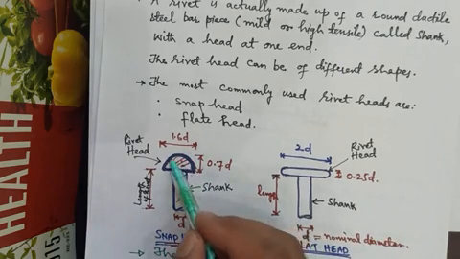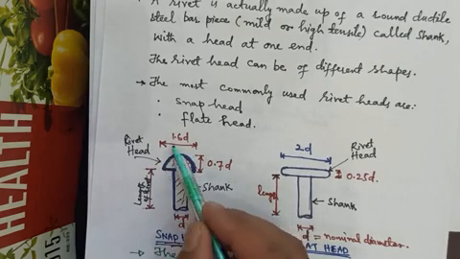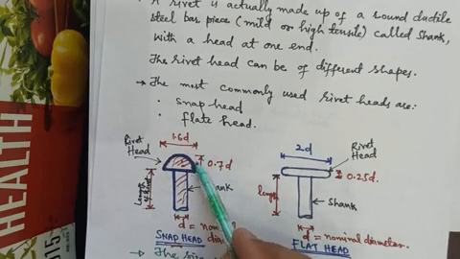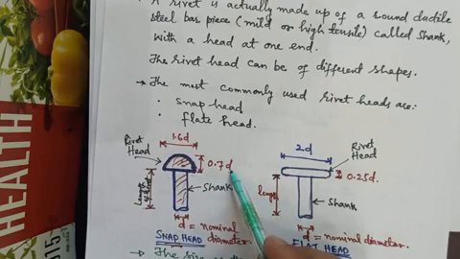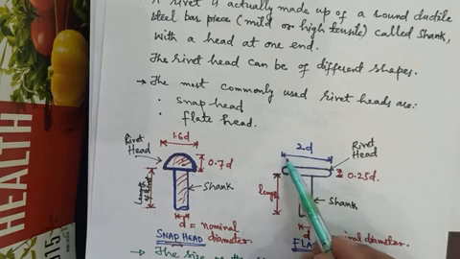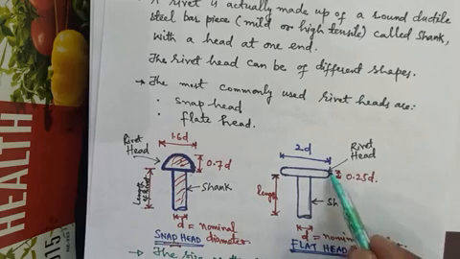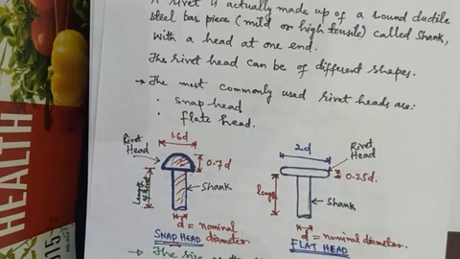In the case of the snap head, we have the head diameter equal to 1.6 times the nominal diameter, and the height or thickness of the head as 0.7 D. Similarly, in this case we have the dimension of the rivet head as 2D, and the thickness of the rivet head as 0.25 D.